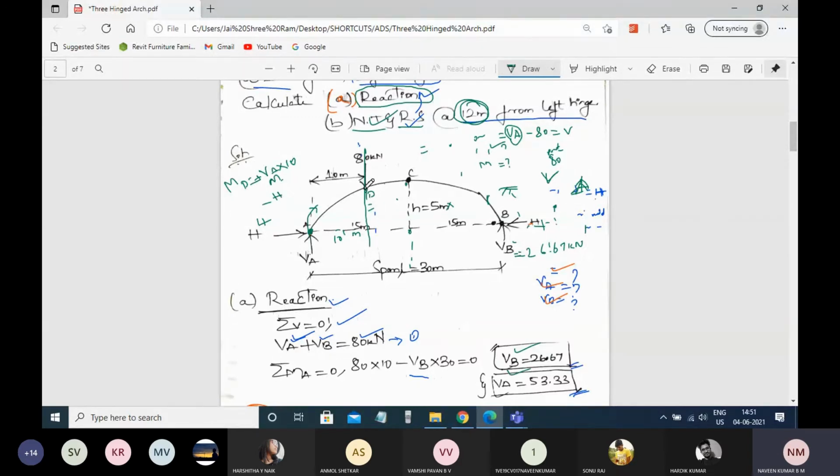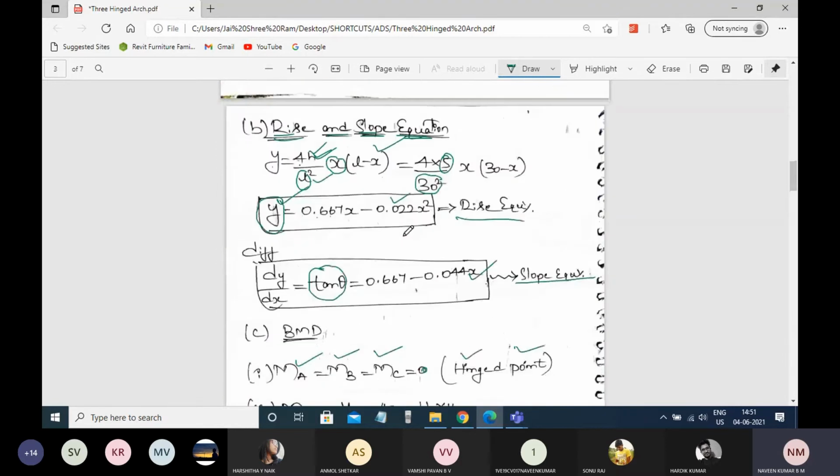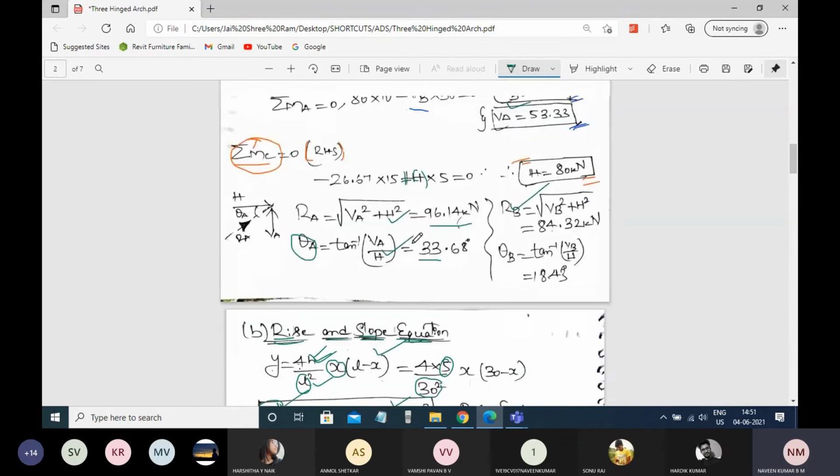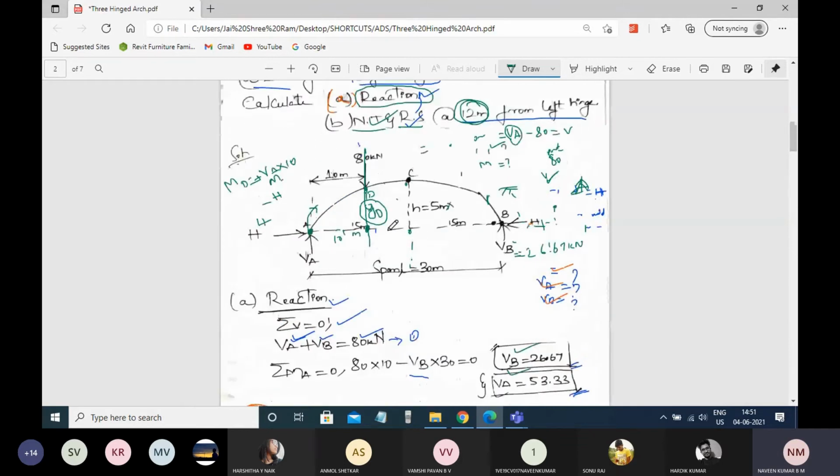We don't know this distance, right? In order to get this distance, you require the rise equation. You can just note it as YD. In order to get this YD, you require this particular equation. So minus H times YD.